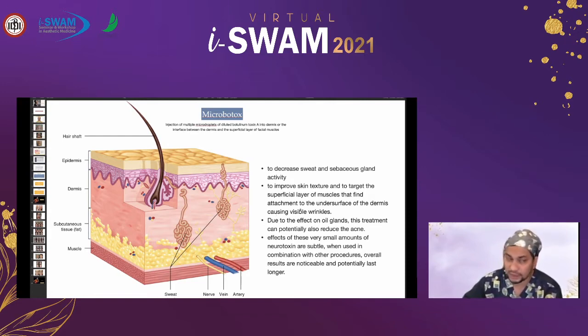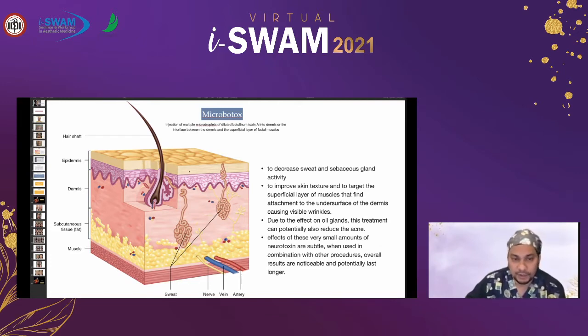This is the one that we mentioned above. Also, due to the effect on oil glands, this treatment can potentially reduce acne. The effects of these very small amounts of neurotoxin are subtle when used in combination with other procedures. Overall results are noticeable and potentially last longer.